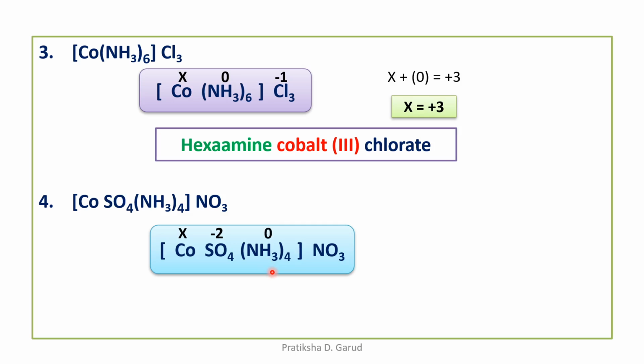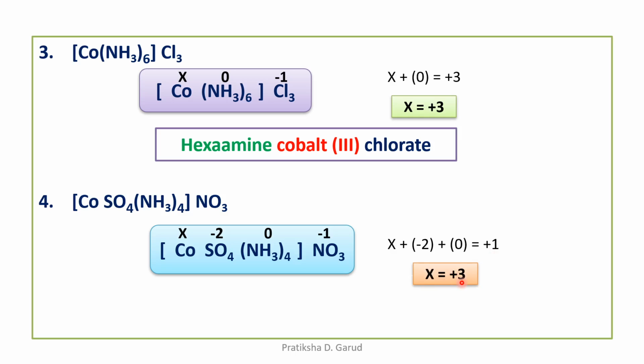Ammonia is a neutral ligand, therefore it is 0. And nitrate is having the -1 charge, therefore on the square bracket it is having the +1 charge. So for the oxidation state, we write it is X plus -2 plus 0, which is equals to +1. Therefore, the oxidation state of the cobalt will be +3.